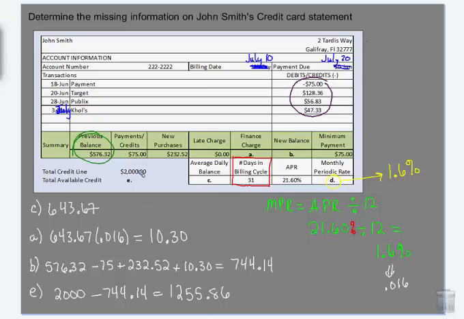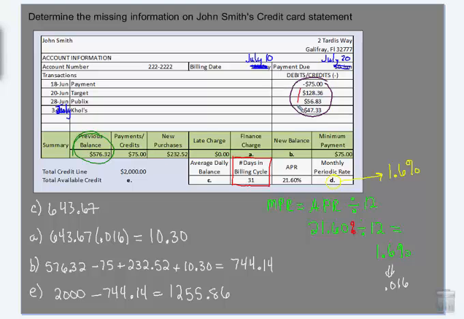Now these are all things that should be checked. In addition, the new purchases should have been checked. I should have added these together and just double checked and made sure that $232.52 was correct. So $128.36, $56.83, and $47.33. Okay, it is correct.